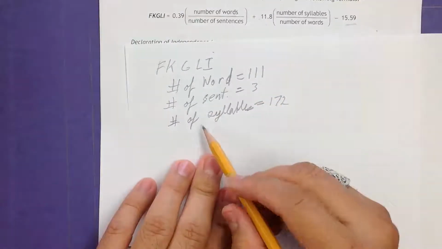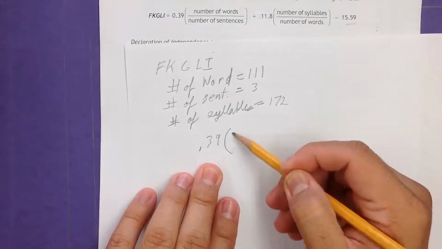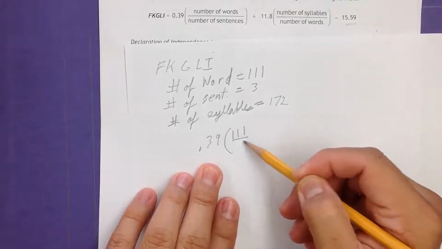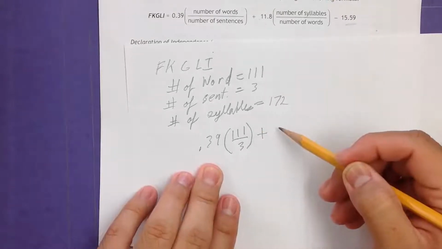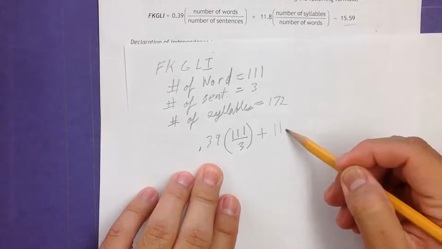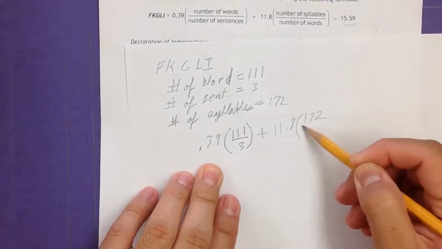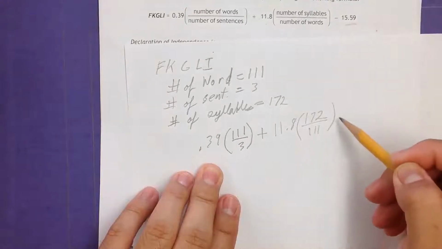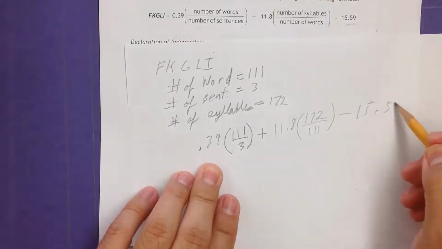So it's 0.39 times 111 divided by 3, and then we close the parentheses, plus 1.8 times 172 divided by 111 minus 15.59.